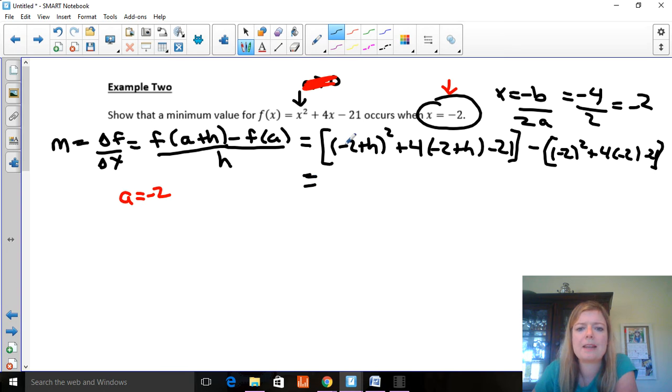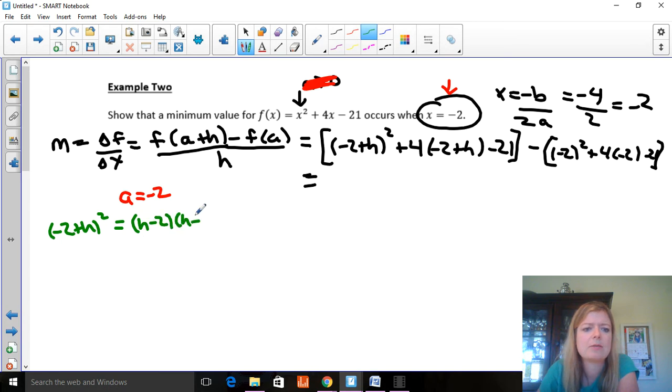So we need to expand this. So -2 plus h all squared, you might need to do that on the side if you're not able to figure that out on your own. -2 plus h all squared, that's not just 4 plus h squared, right? We have to actually expand the binomial. If you want to rewrite that as h minus 2 times h minus 2, I just rearranged this.